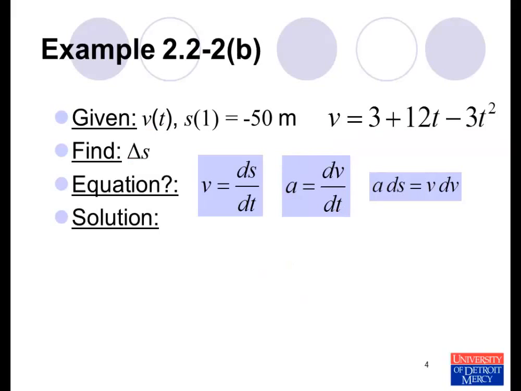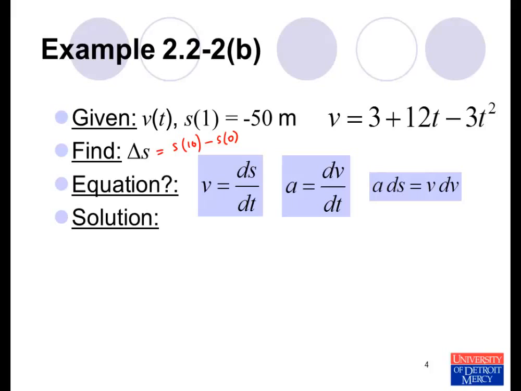The second thing that was asked for in the problem was the displacement between time equals 0 seconds and time equals 10 seconds. This displacement, or change in position, we will represent with the delta. Specifically, what we're interested in is the difference between our final position and our initial position.